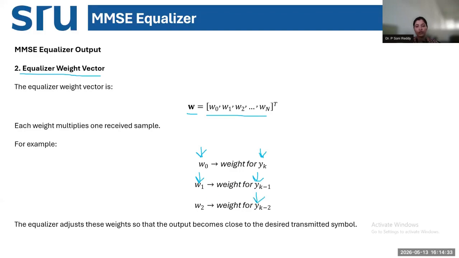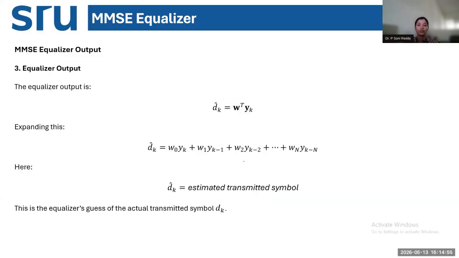For y(k-2), we use the weight W2. So we are deciding on a certain set of weights with which we will multiply the components. These weights are going to adjust the output such that we can regenerate the actual transmitted signal. That is my objective, to minimize the error between the received signal and the transmitted signal.